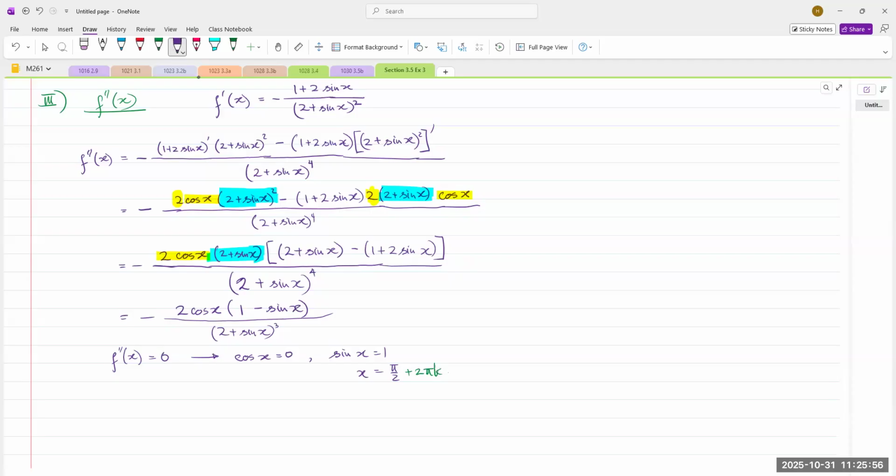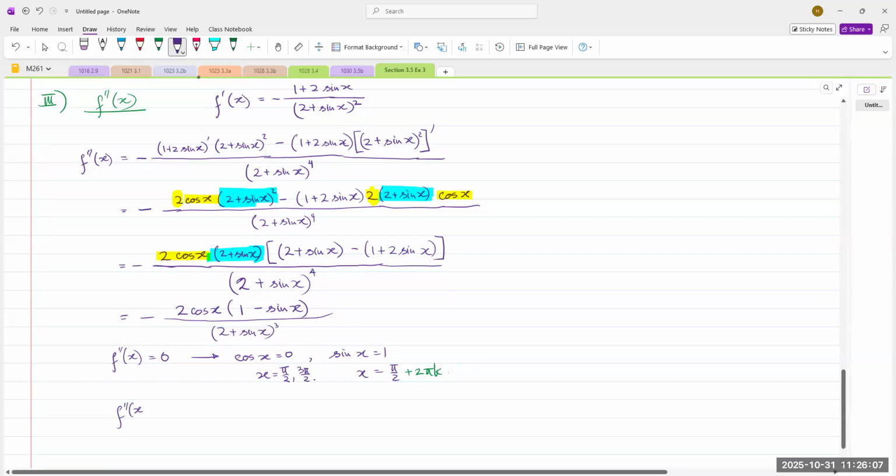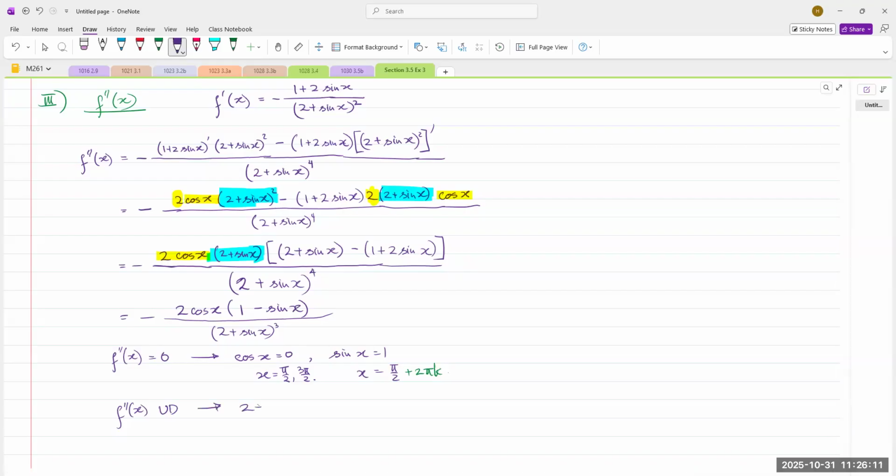Cosine x equals 0 when x equals pi over 2 or 3 pi over 2. Now f double prime x is undefined when 2 plus sine x equals 0, but we have seen that earlier. That implies sine x equals negative 2, which is not applicable, right?